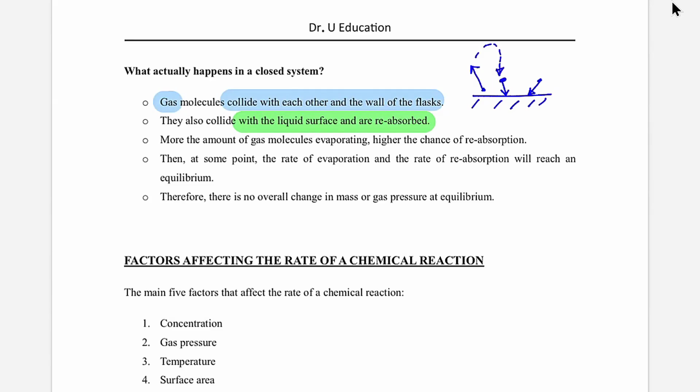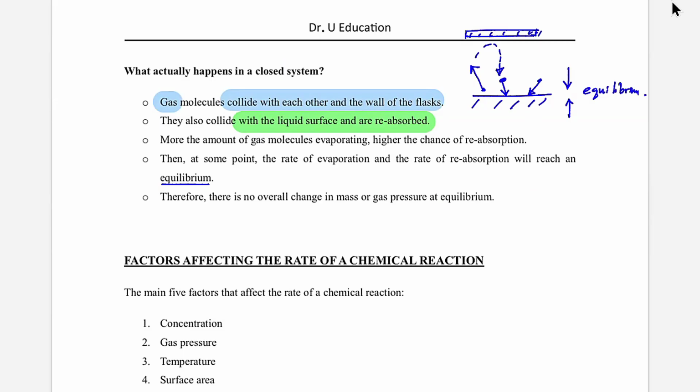The more gas molecules evaporating, the higher the chance of reabsorption, because it's a closed system. This gate is closed. At some point, the rate of evaporation and the rate of reabsorption will reach an equilibrium. That means coming in and going out are the same, and that is called equilibrium.